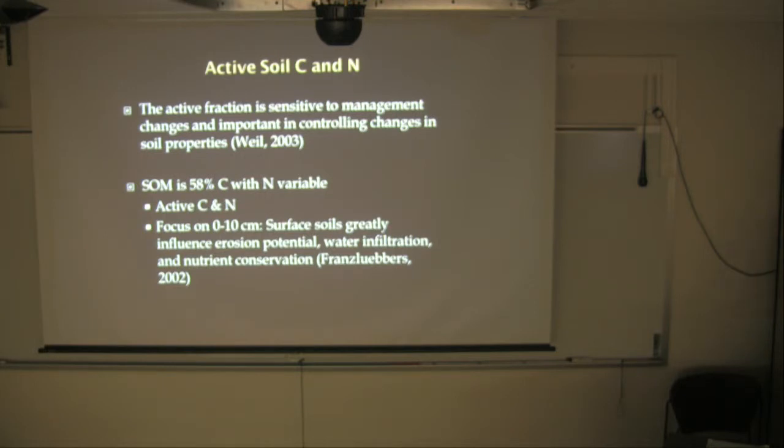It's also important to assess the overall soil profile when assessing total carbon and nitrogen stocks. In evaluating soil health, it's the upper soil profile which is commonly the focus, as it exerts such a strong influence on important factors including erosion potential, water infiltration, and nutrient cycling and conservation. And it's the upper 10 centimeters which has been the focus of my study.